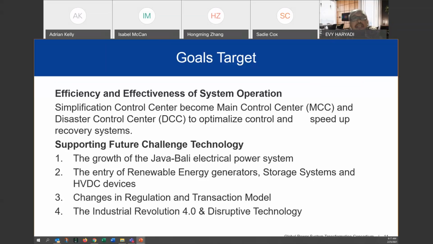Another is the probability of changes in regulation and the transaction model in our electricity structure. Another is the industrial revolution 4.0 and disruptive technology. The new control center must answer these kinds of challenges.